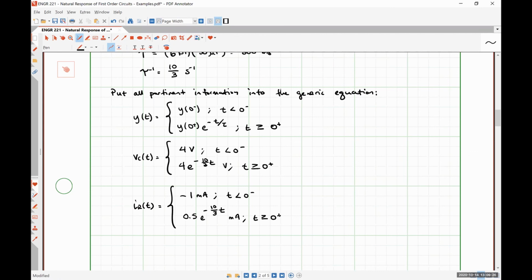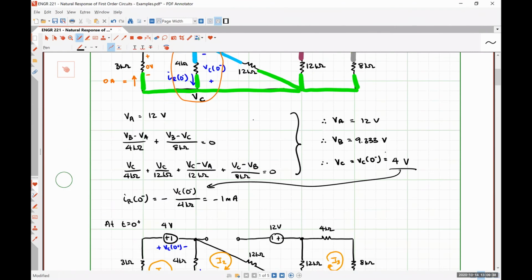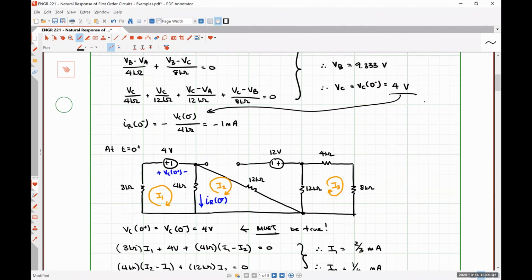So we've analyzed a fairly difficult circuit. But the steps that we have to take are very straightforward. We analyze the circuit at t equal to 0 minus. Then analyze it at t equal to 0 plus. We can skip that step if we're only interested in the inductor current or the capacitor voltage, because we know those two quantities cannot change abruptly.